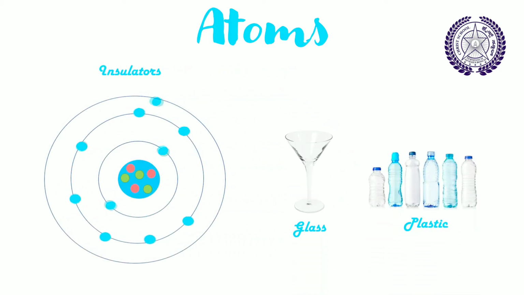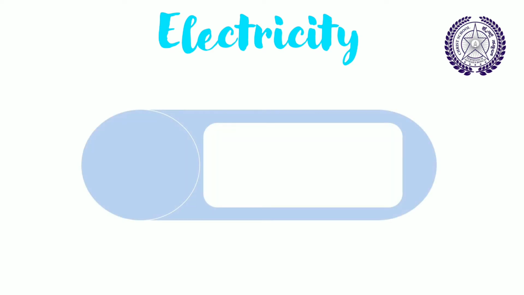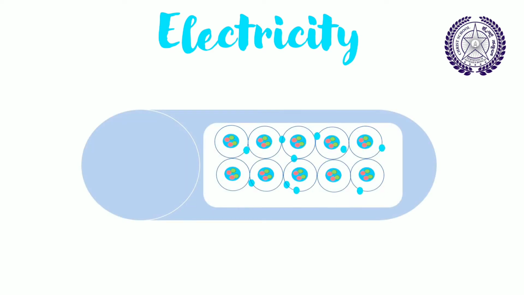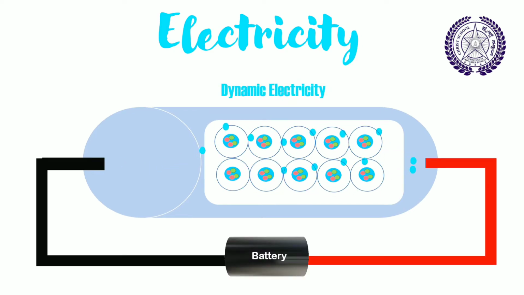Now that we know the structure of an atom, let's see how it is related to electricity. If you see the atoms in a copper cable, we see that the electrons move from one atom to another in random directions. Now, when we connect a power source to it, the power source will force the electrons to move in one direction.